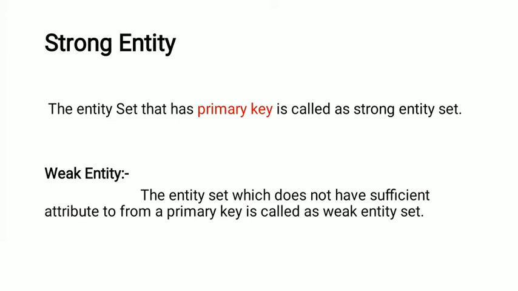Here the strong entity is roll number. A weak entity set is an entity set which does not have sufficient attributes to form a primary key. The remaining attributes, like phone number and address, are the best example of a weak entity set.